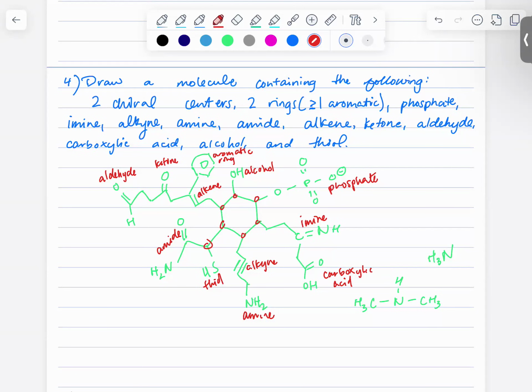So I have one ring here. They're not drawn proportionally, but they are both there. Other questions? Yeah.